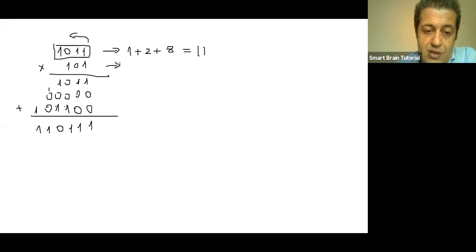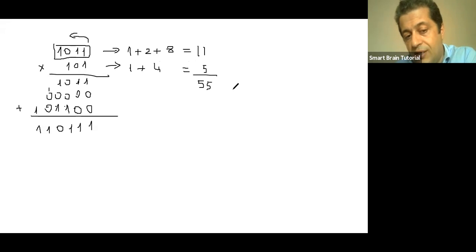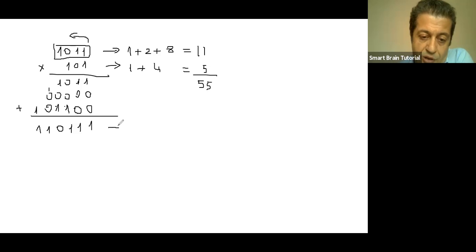This number is 1 plus 4, it is 5. And we know that 11 times 5 is 55 in the base 10 number system. Now we should see whether this number is 55 or another number. Normally it should be 55, but we are going to check it.